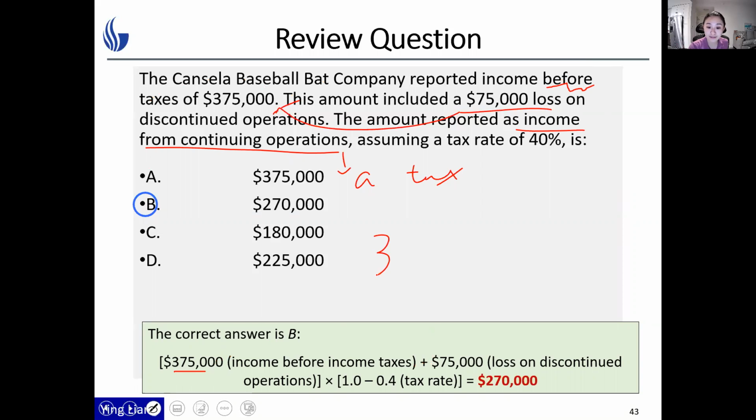So it's 375 minus a loss of 75. A loss and then a minus, they are combined to be a positive. So then total is 375 plus 75. This is pre-tax. That's why later on, look at the formula below, we need to subtract the 40% tax, and the remaining is 1 minus 0.4 times this 375 plus 75 equals 270. This is B.